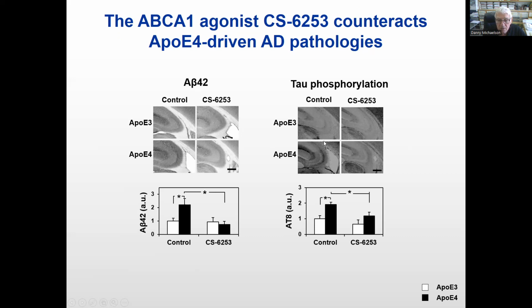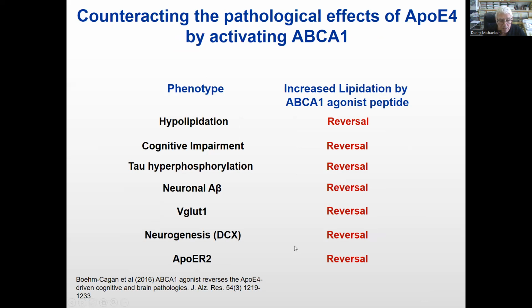And these effects, which go with E4-driven tau and A-beta pathology, are counteracted by the treatment with CS, as you can see over here, and as you can see over here, and shown also in the graph, that the increased level of A-beta and tau shown in control E4s are diminished by treatment with CS.